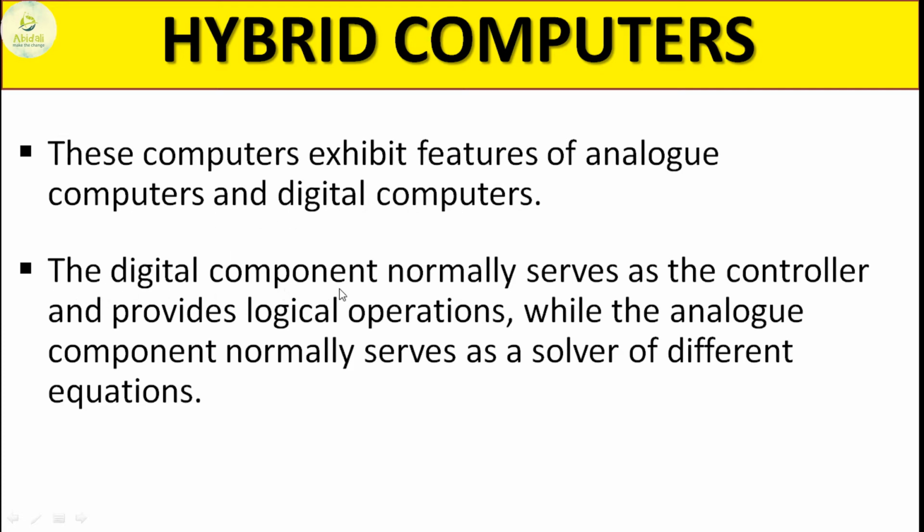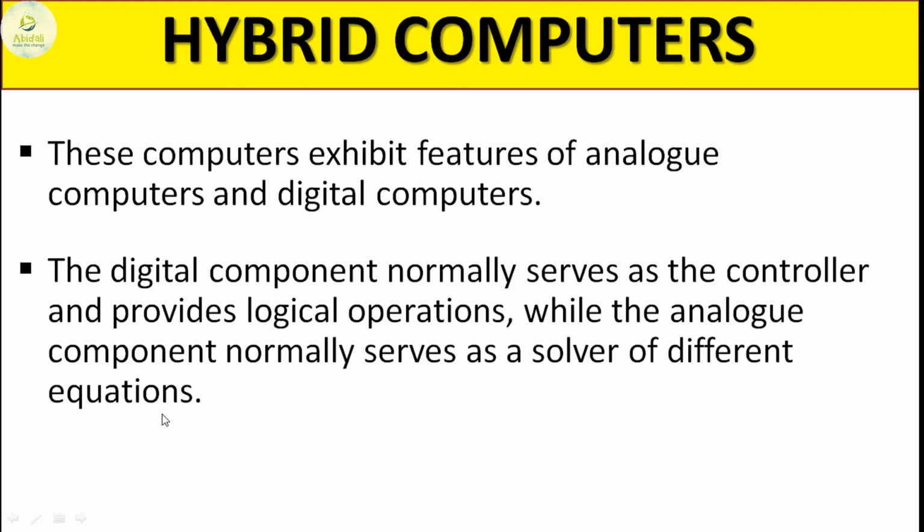The digital component normally serves as a controller, and provides logical operations, calculations or manipulation. While the analog component, or the physical component, normally serves as a solver of different equations.